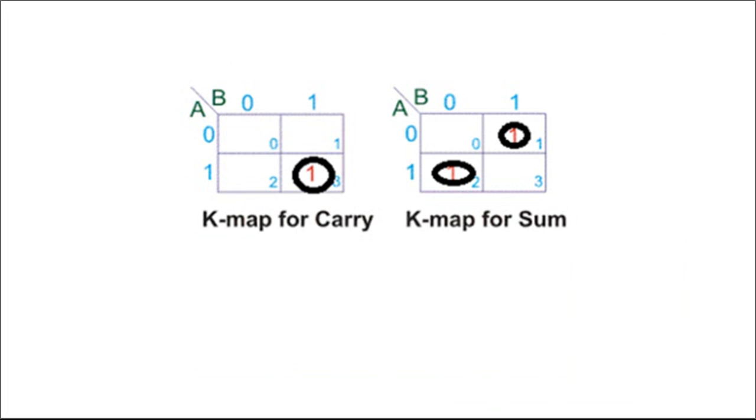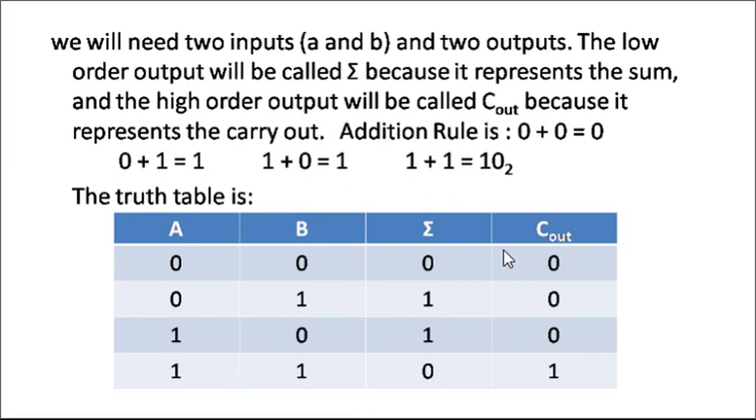Then our next step is to plot the K-map. Now this is the K-map for two variables, AB, with cell values 0, 1, 2, 3. If you observe the carry column, only here is the carry, where both A and B are 1. At that time Cout is 1.